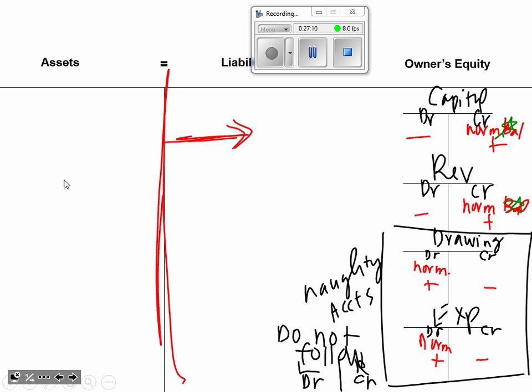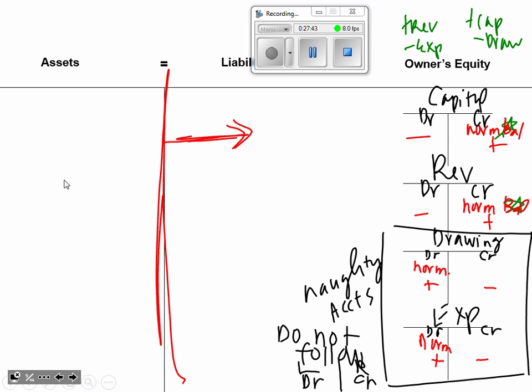Because if you think back to the basic accounting equation, it's plus revenue minus expenses plus capital, which we know is an investment, minus drawing. There we go. I knew that felt weird.